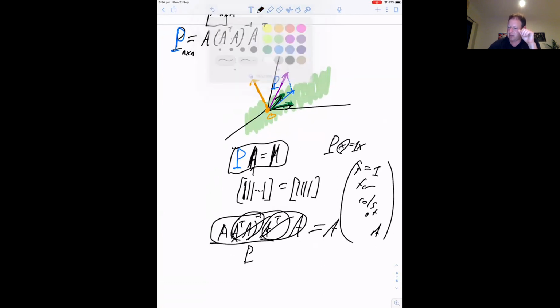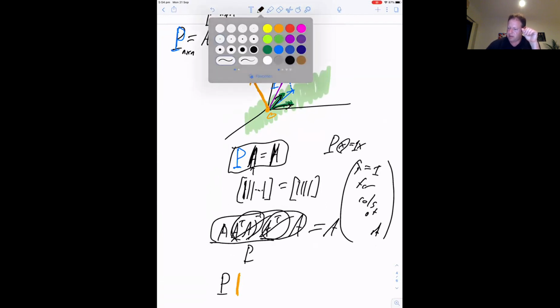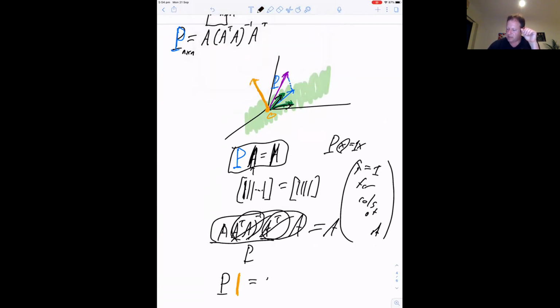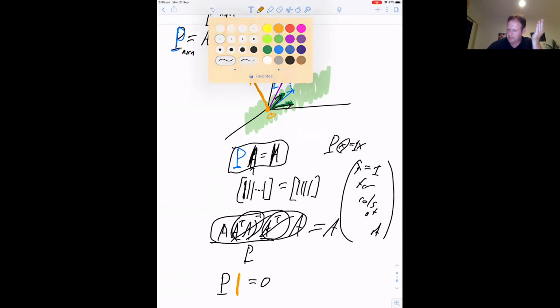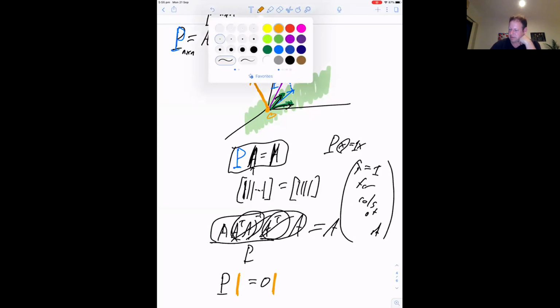So the projection matrix applied to this orange vector should put us at the 0 vector. Instead of writing the 0 vector, I can say the number 0 times the orange one, and this is my eigenvalue.